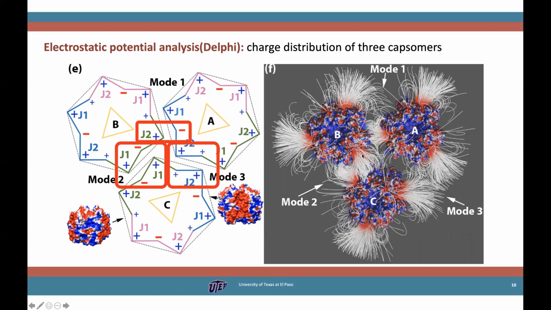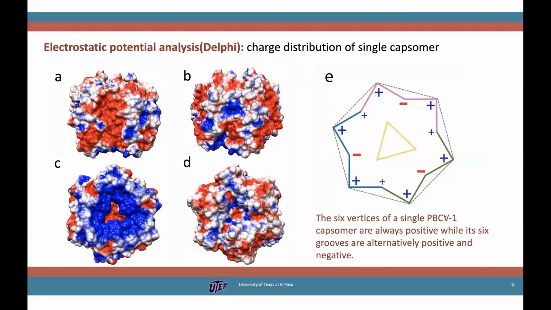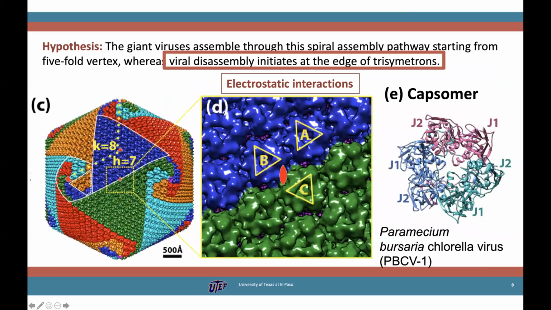But if you consider the interaction between C and AB, so there are some weak interactions which might easily break. So when a viral capsid is, let's say, disassembled, most probably it starts from the boundary of triangles.